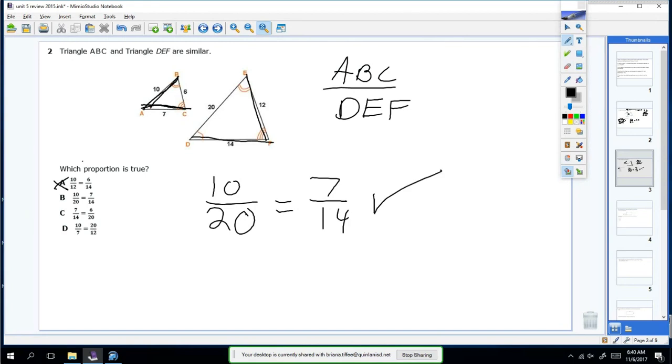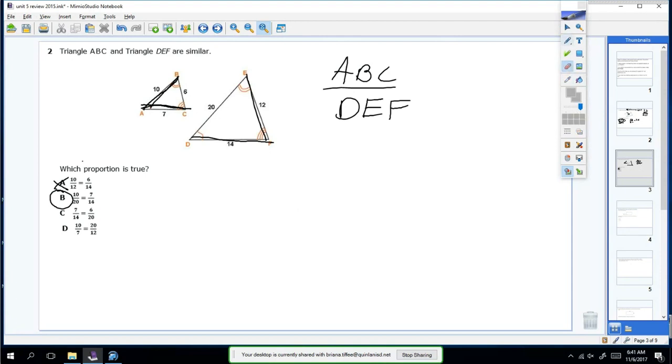So this proportion is true. So B is correct so far, but let's eliminate C and D. C says 7 over 14, which we just proved correct on the last one, is equal to 6 over 20. That's not correct. This 6 has to go with this 12. So that means C is wrong.